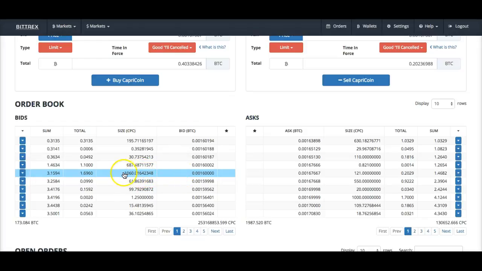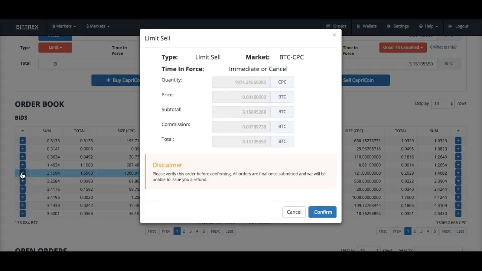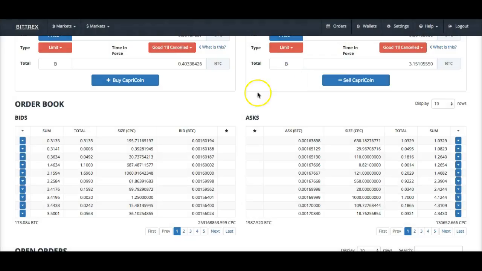Let's say you want to sell 1,000 of them. You might think, well, this guy wants to buy 1,000 of them, so I'm just going to click on this arrow, hit confirm, and sell my coins. That's not how you want to do it either. You want to do it from the ask side when you're selling your coins. That creates market balance, and it'll at least help hold the value of the coin.